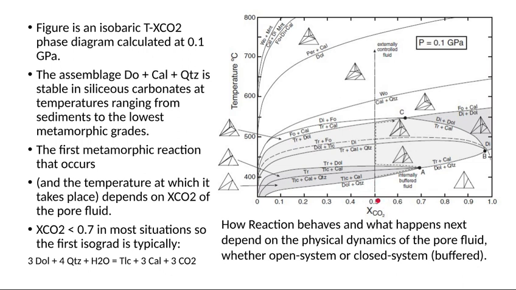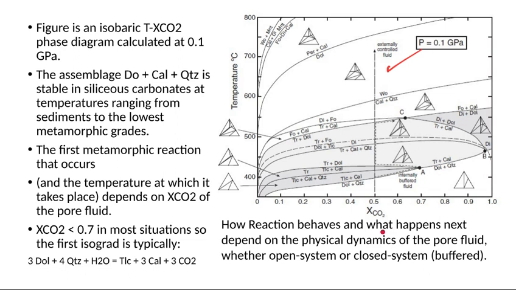If the line goes straight, the solid line, it represents the externally controlled fluid. That means it is an open system, that means the pore fluid is circulating. So that represents your closed system and open system.